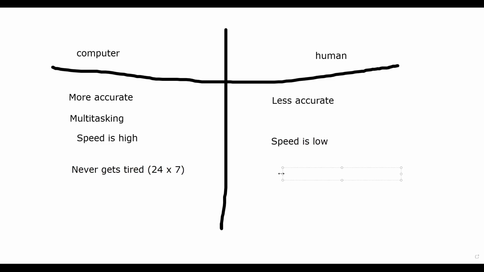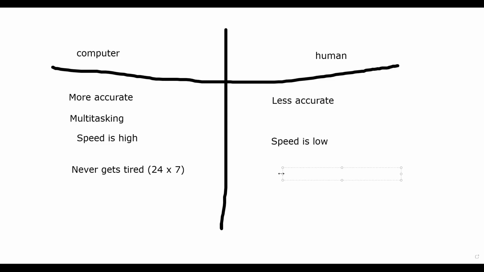Whereas we need a lot of breaks, we get tired, we feel hungry, we are exhausted, we need tea breaks, lunch breaks, everything, right? But when it comes to computers, it's not like that. So that's actually more of an advantage, the positive aspect of computers.